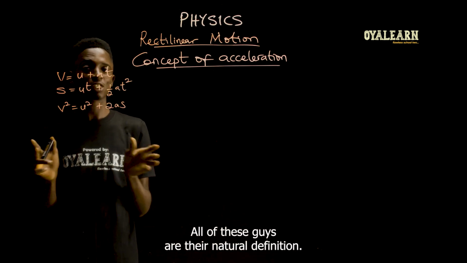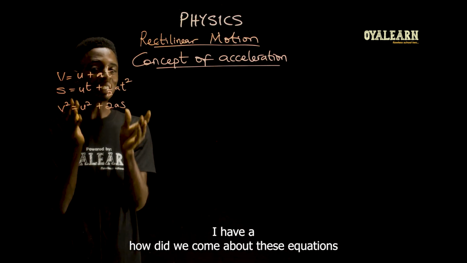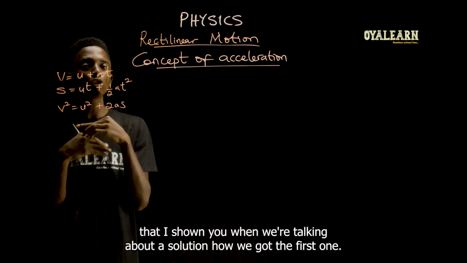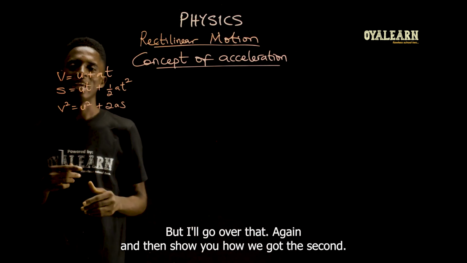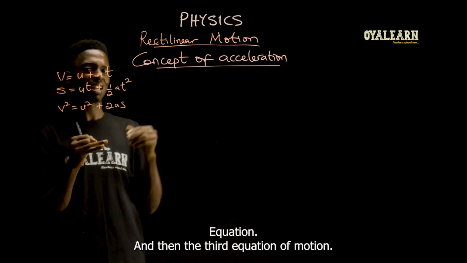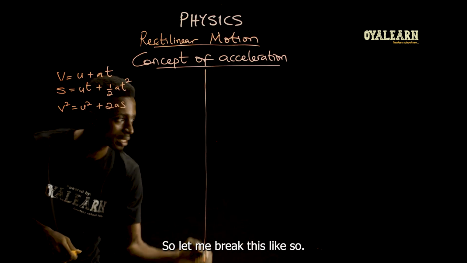All of these carry their natural definition. However, how did we come about these equations? Now, I had shown you when we were talking about acceleration how we got the first one, but I'll go over that again and then show you how we got the second equation and then the third equation of motion. So let me break this like so.